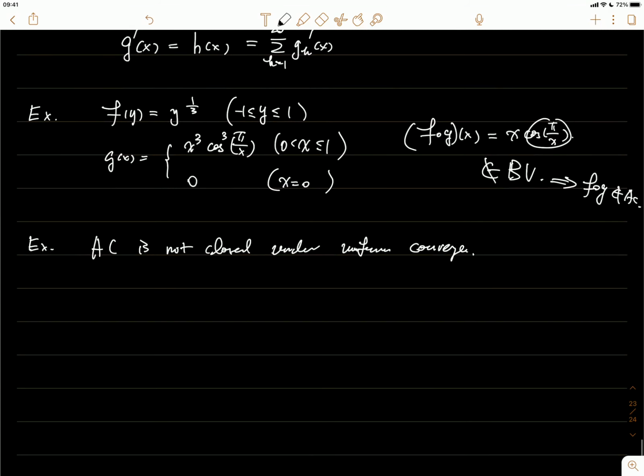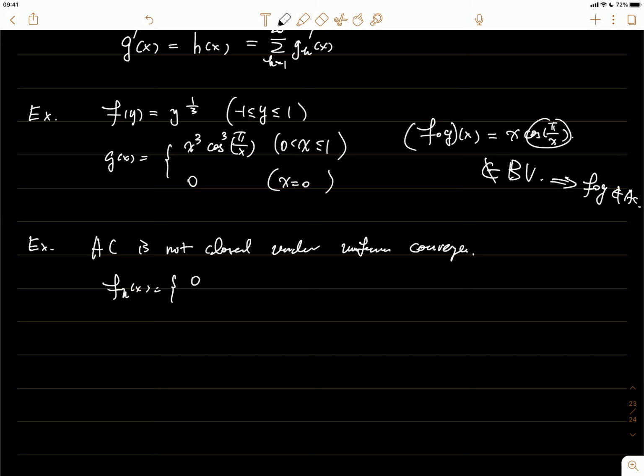This is again different from continuity. If we have functions that are, say, continuous over a closed interval, and in this case actually they are uniformly continuous, and then we take a uniform limit, the limit function will also be uniformly continuous, but it's not true for absolutely continuous functions. The example is this.